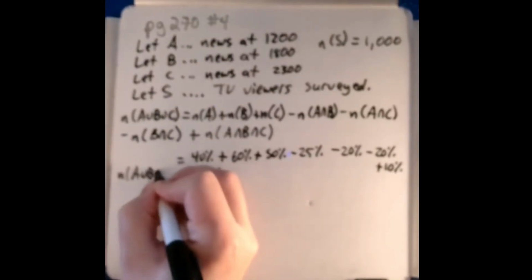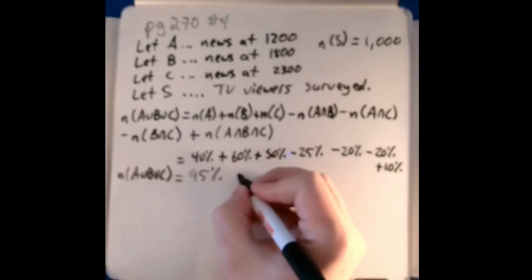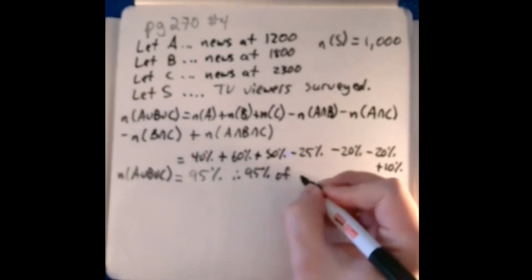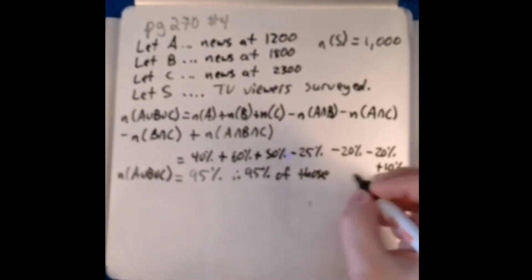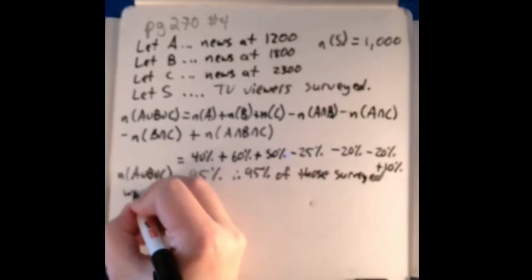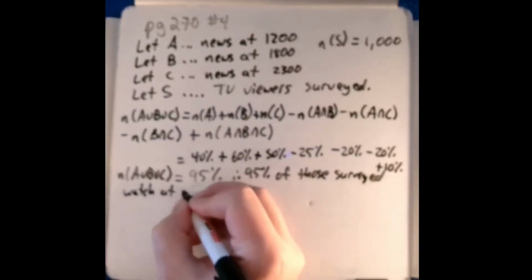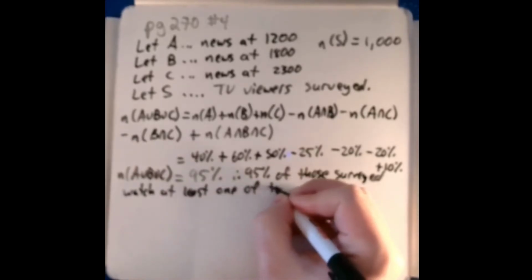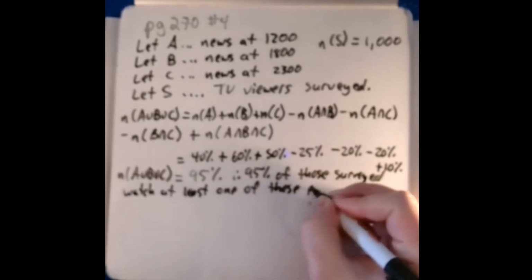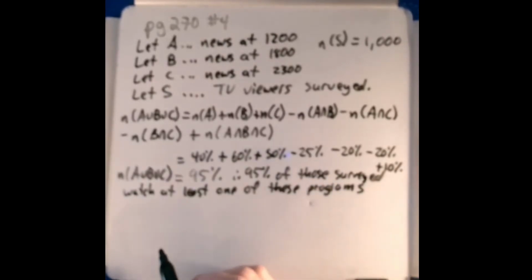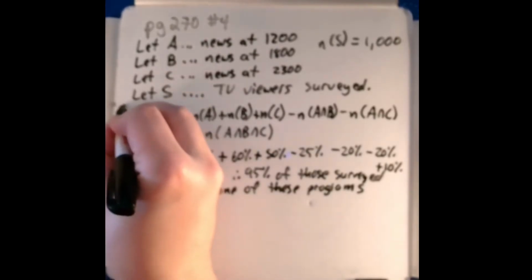So therefore, 95% of those surveyed watch at least one of these programs. We find this formula directly from our notes from the last page we did in class. So that's where we've done this before. So this was question A.